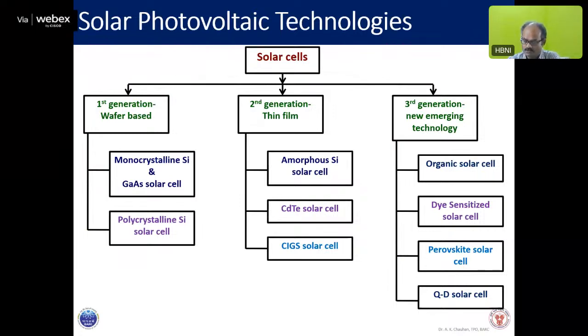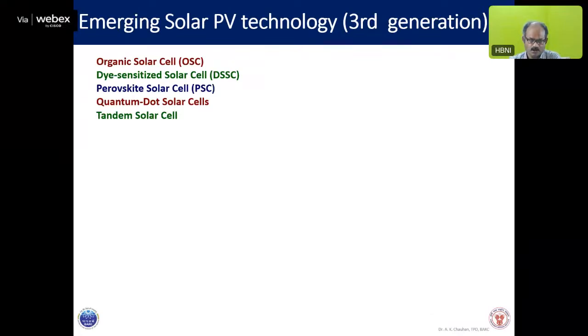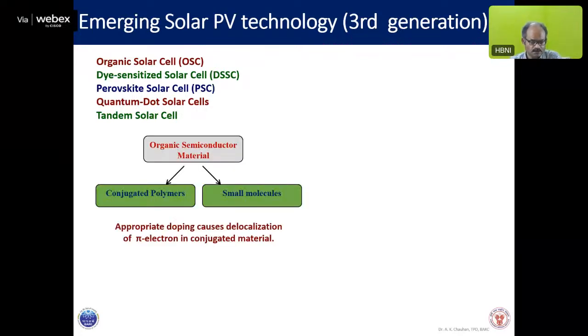Now we will come to the third generation in today's lecture. These are organic solar cells, dye-sensitized solar cells, perovskite solar cells, and quantum dot solar cells. We will quickly see how these solar cells work and what is actually the difference between these solar cells and the other solar cells.